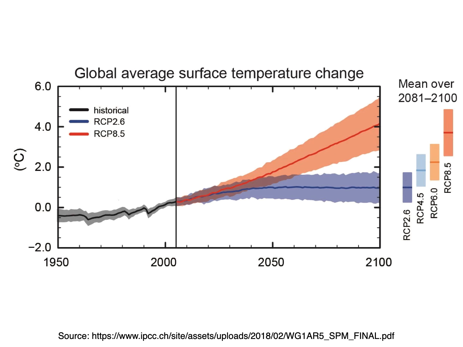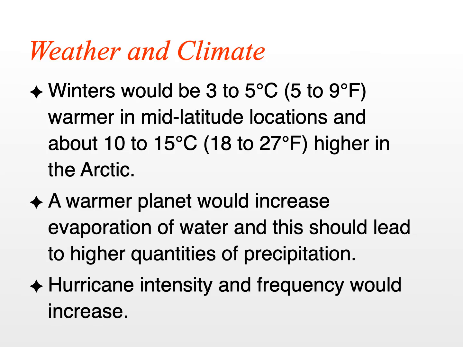So what can we expect with future climate change? We can probably expect winters to be warmer in the mid-latitudes, anywhere from 3 to 5 degrees Celsius. In the Arctic, it's going to be a much greater increase in temperature, anywhere from 10 to 15 degrees Celsius. And this is also occurring in high elevations. So the higher the elevation, the more warming that's occurring.